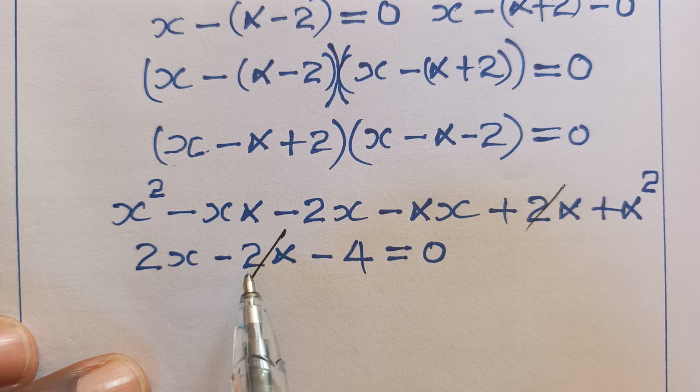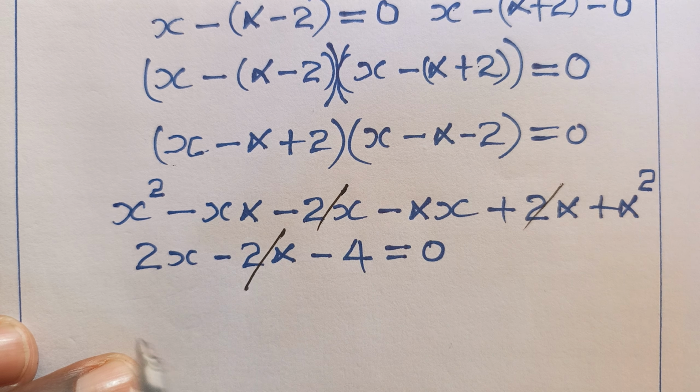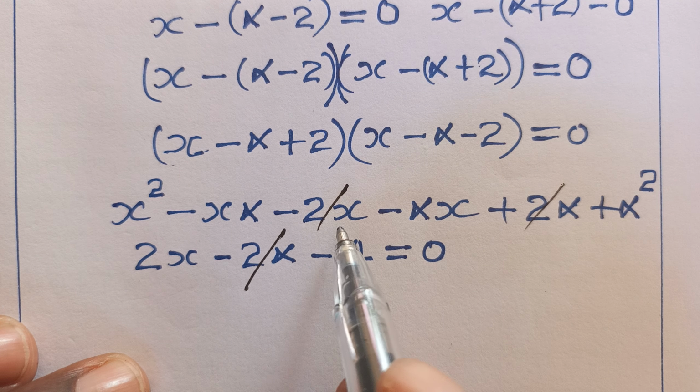Here is our expansion. The expansion is just normal, and after expanding we can check and see what we can cancel. Guys, we can cancel 2 alpha and this 2 alpha because this is plus and this is minus. We can also cancel 2x and this minus 2x.